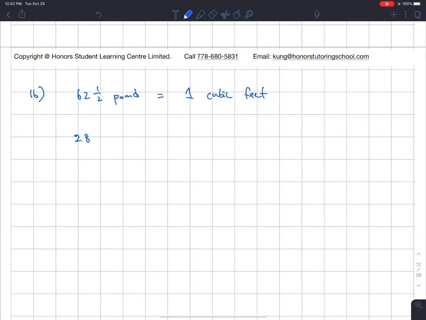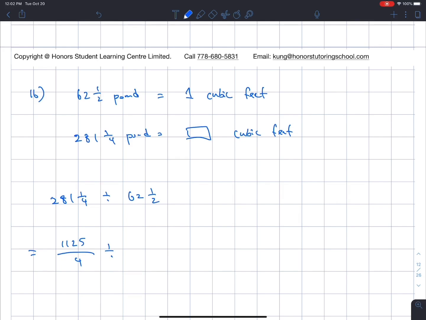They are just asking how many cubic feet 281.25 pounds will give us. So I can just divide them, 281 1/4 divided by 62.5. So 281 times 4 plus 1, I get 1125 over 4 divided by 62 times 2 plus 1, 125 over 2.